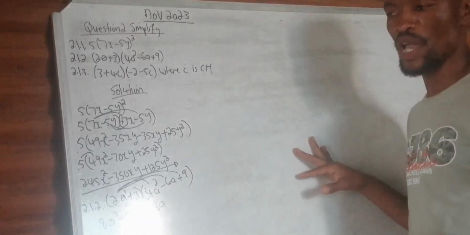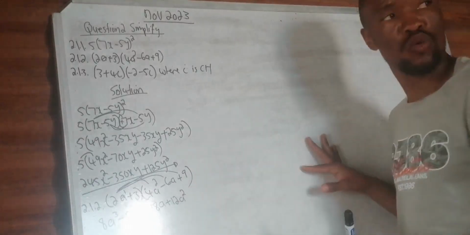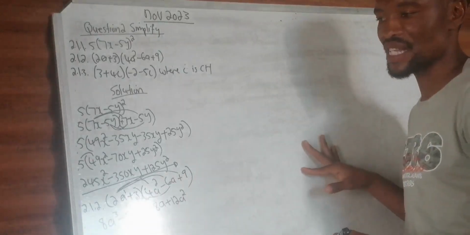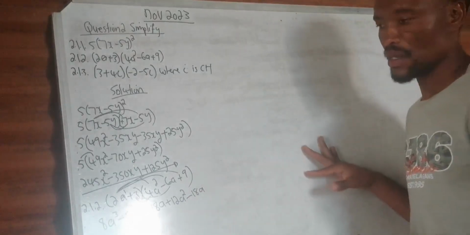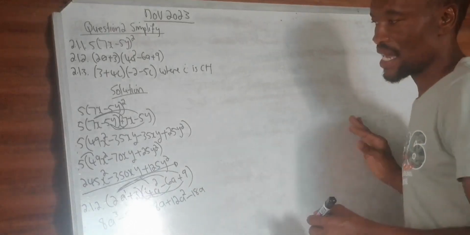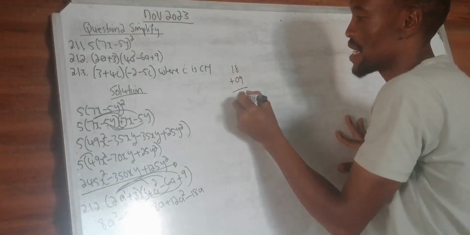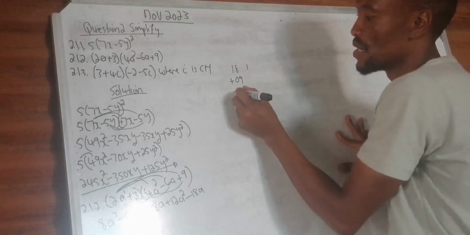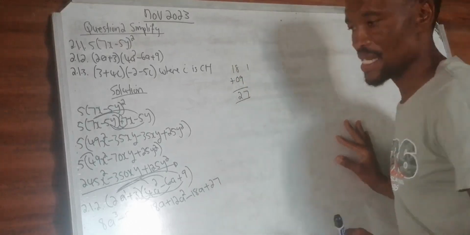3 times 4a squared is positive 12a squared. 3 times negative 6 is negative 18a. 3 times positive 9 is 27.